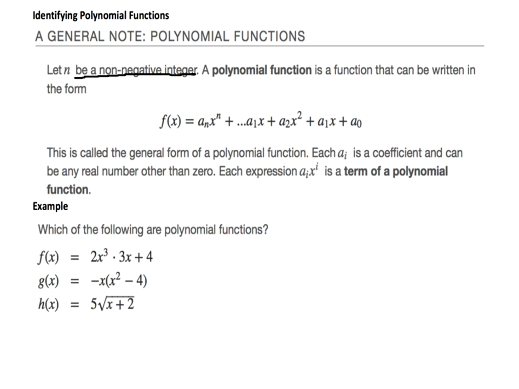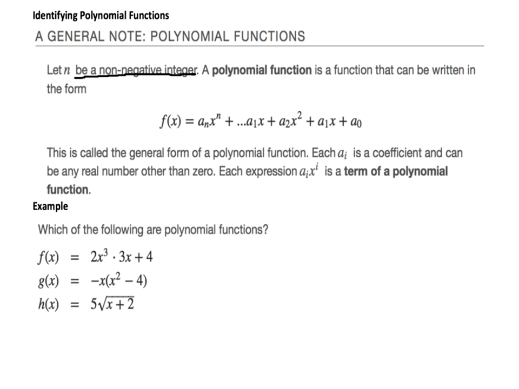A polynomial function is a function that can be written in the form of a sub n times x raised to the nth power plus ... a sub 1 times x raised to the understood first power. Oh, they have a typo here. Interesting. Okay, so let me fix their typo.